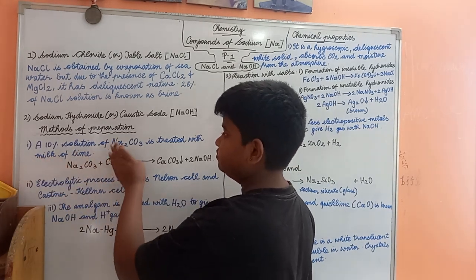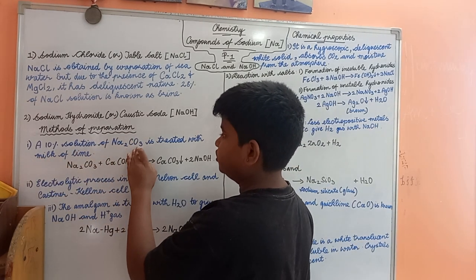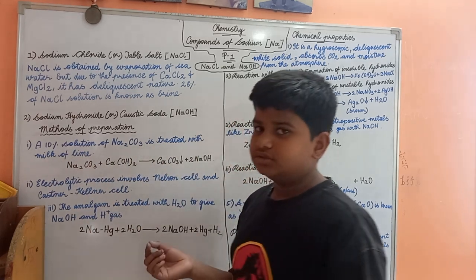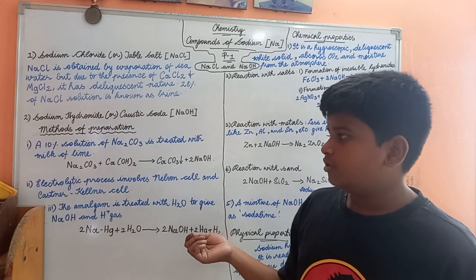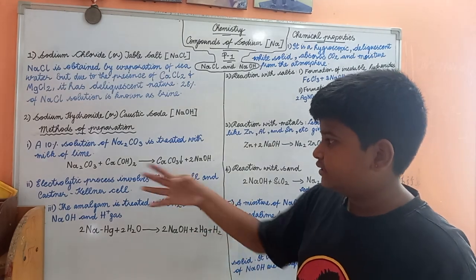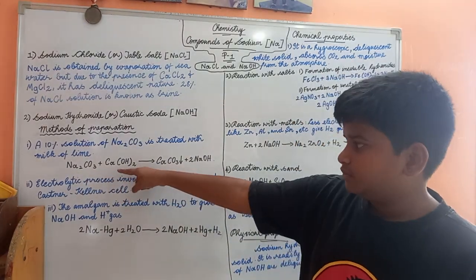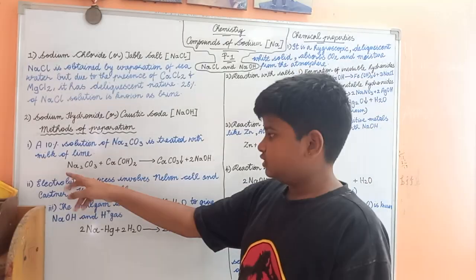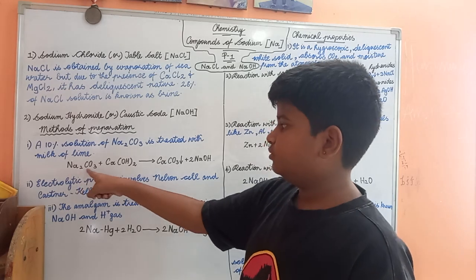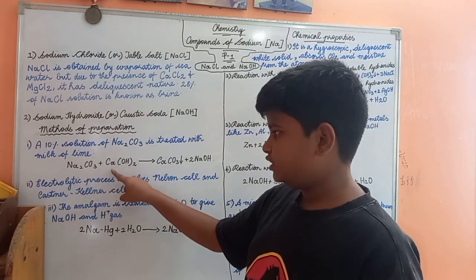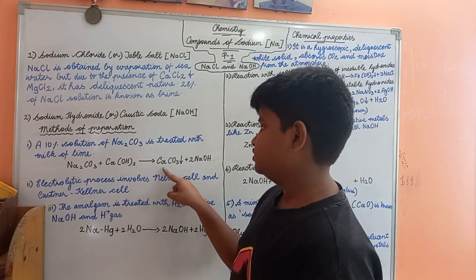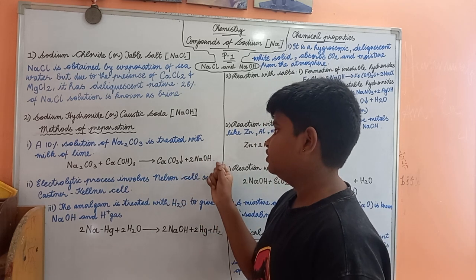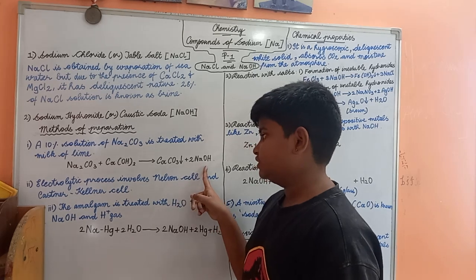First one is a 10% solution of sodium carbonate treated with milk of lime. Milk of lime means a certain amount of lime, calcium hydroxide, is treated with sodium carbonate. So Na2CO3 plus Ca(OH)2 reacts to give CaCO3 plus 2 moles of NaOH, sodium hydroxide.